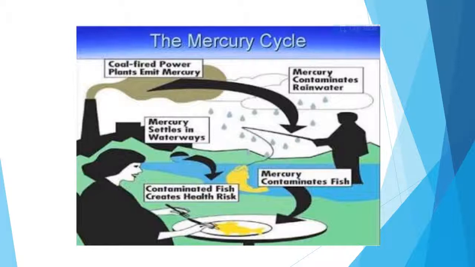Here we see a diagram of the mercury cycle involving a coal-fired power plant that is emitting mercury in the air, contaminating the rainwater and the lake through the sewers, which all ends up contaminating the fish we use for consumption, creating a problem not only for the fish, but for us, the consumers.